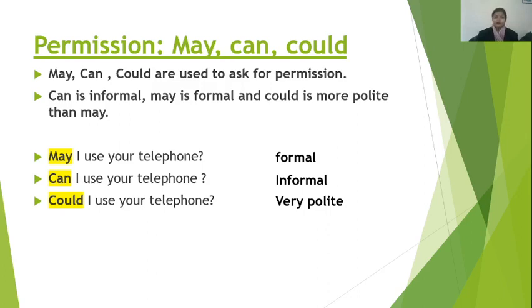Could I use your telephone? So, then you are very polite. When you say, could I use your car? So, that means you are making a polite request. But when you want to make a formal request, you will use may. And when you want to make an informal request, you will use can. Cleared?